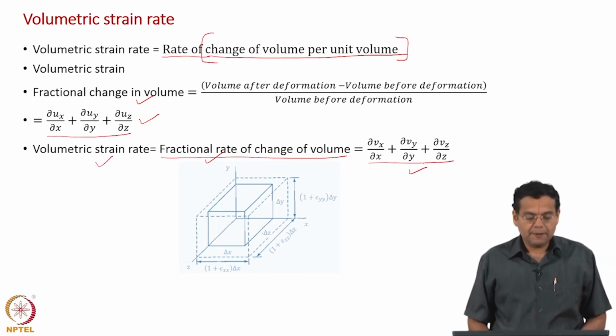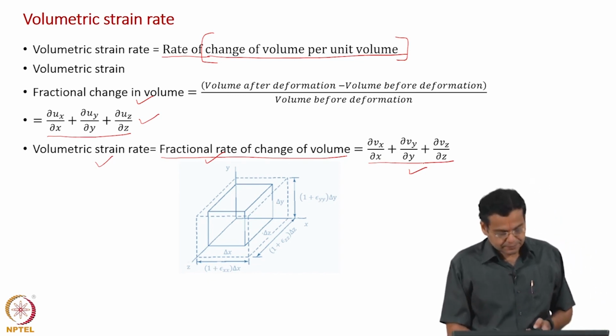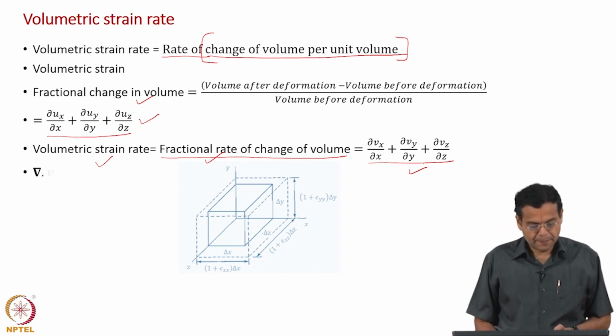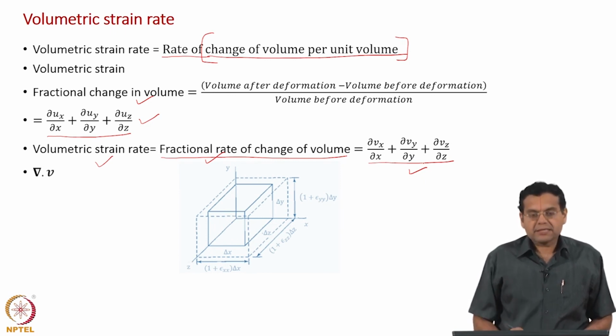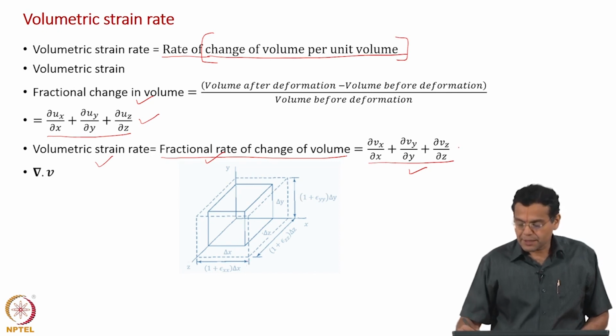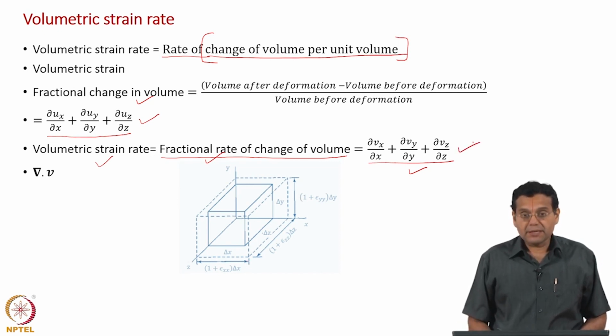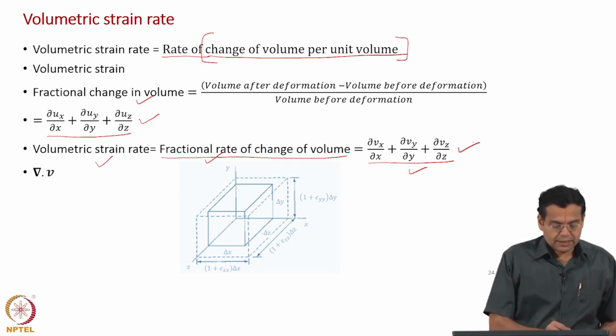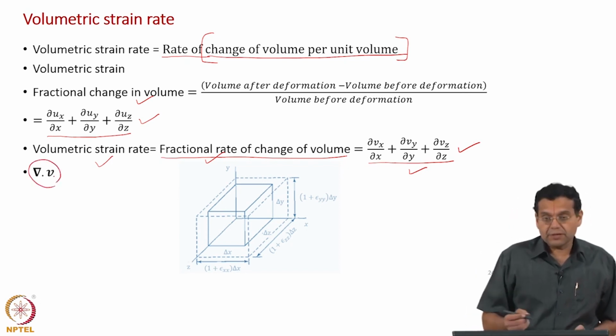Same expression, replace the displacements with the corresponding velocities. And just like we expressed the fractional change in volume as divergence of displacement field, we can express the volumetric strain rate in terms of divergence of the velocity field.